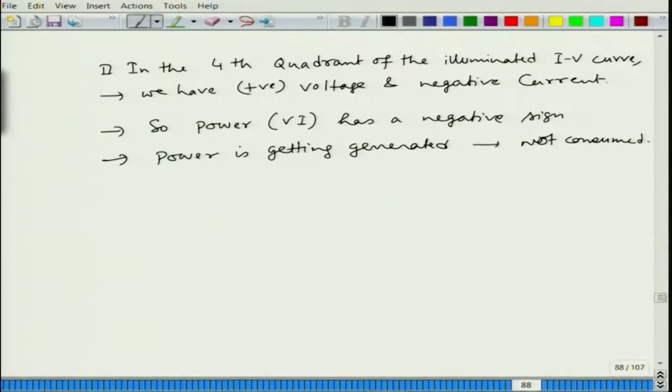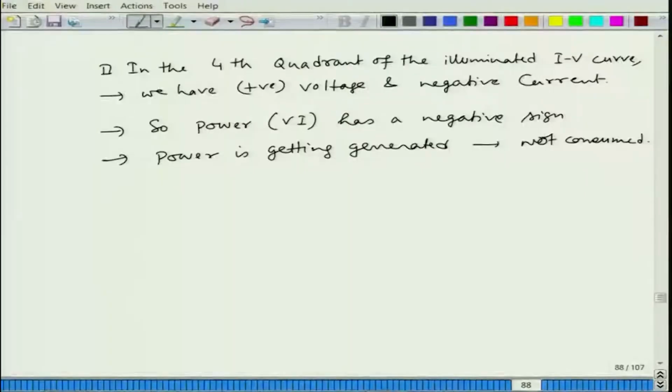Okay? And that is what we want. We do not want our PV cell to consume power. When you apply some voltage and then illuminate light on it, you will have some current output in the circuit, that means power is getting generated.